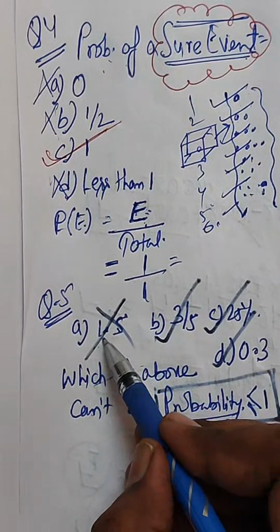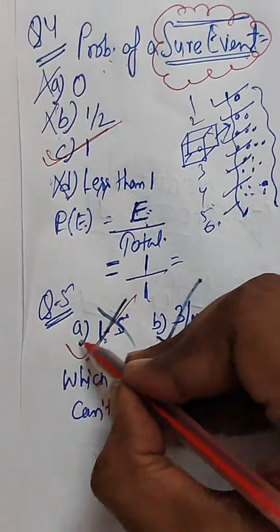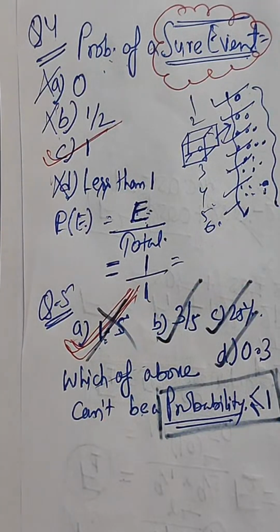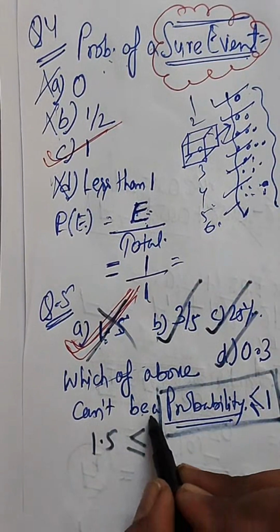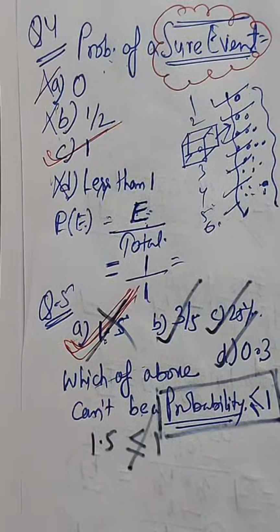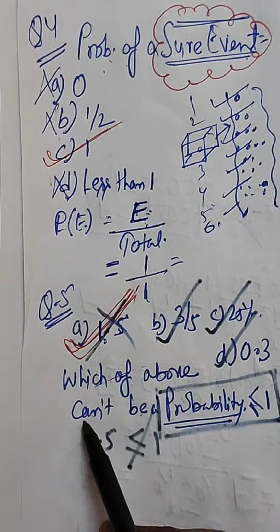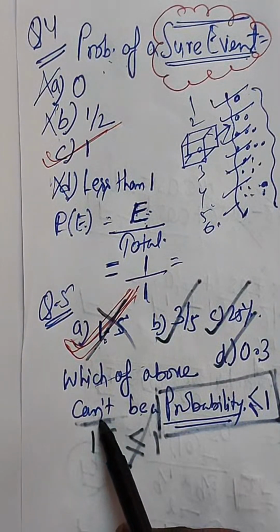That is wrong as per the theory, but as per our options, this is the correct option, because 1.5 is not less than or equal to 1. So option A is correct, 1.5. Mind the words "can't be". So this is wrong, right?